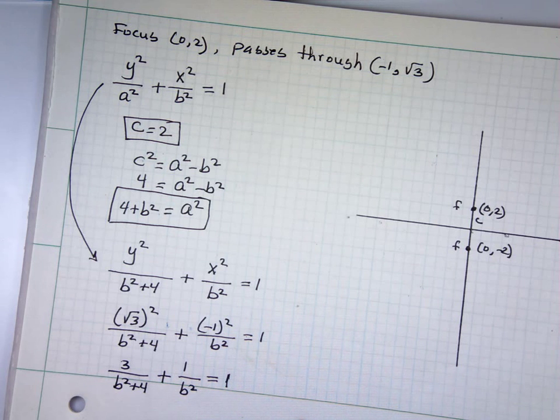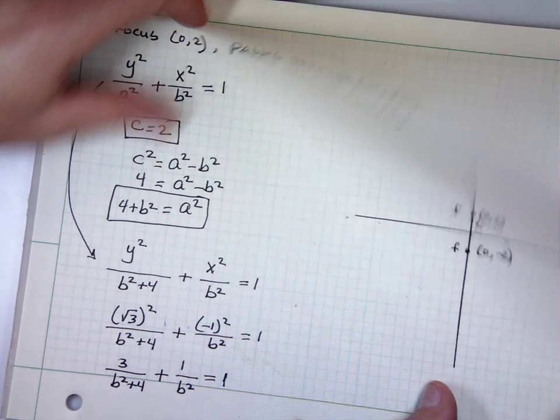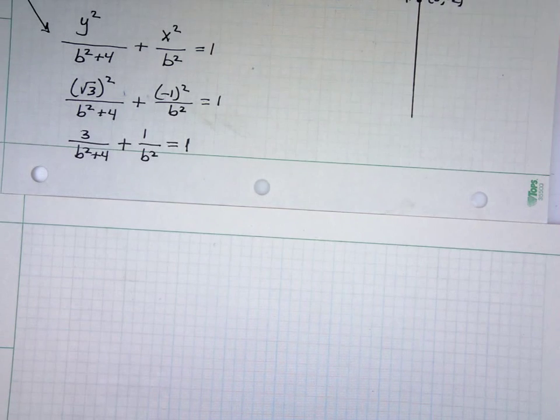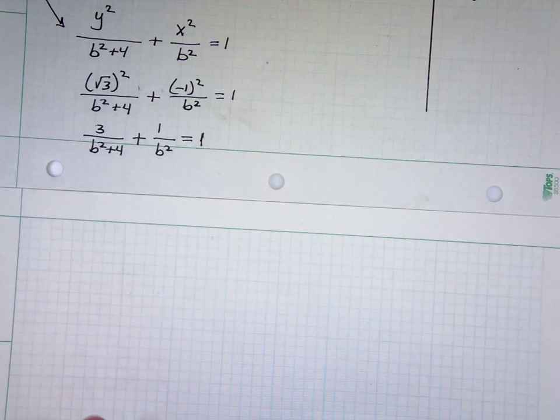How will you solve this one? Common denominator. Okay, which is what? Well, it's not b squared plus 4, it's b squared times b squared plus 4.